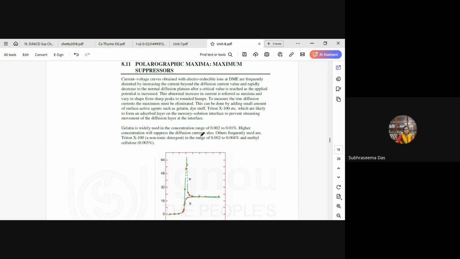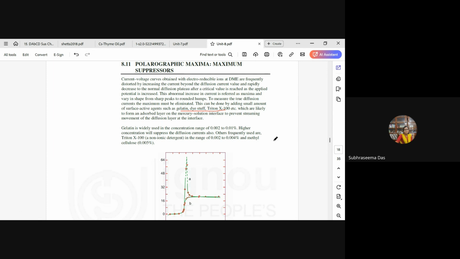To measure the true diffusion current, the maximum must be eliminated. This can be done by adding a small amount of surface active reagents, such as gelatin, dyes, and Triton X-100, which form a layer on the mercury-solution interface to prevent the movement of the diffusion layer inside the solution.